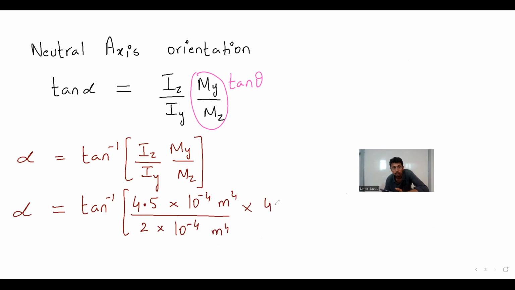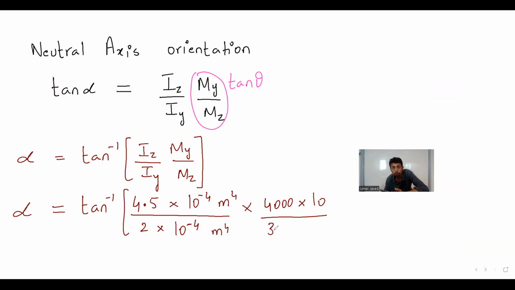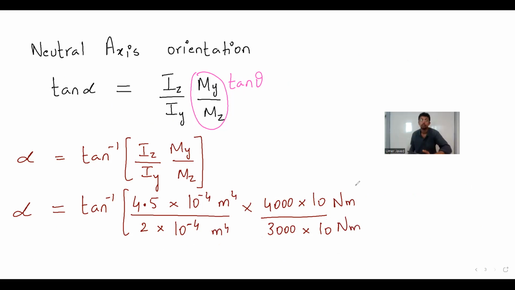So 4000 into 10, and Mz is 3000 into 10 Newton meter. So alpha comes out to be 71.5.